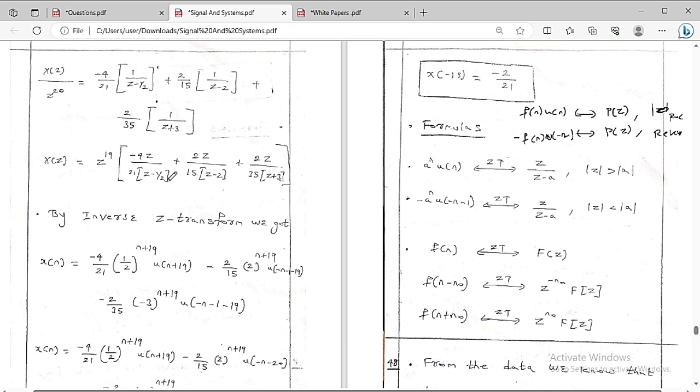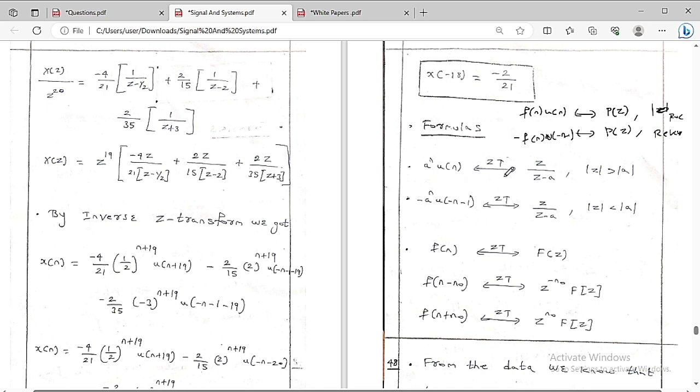Now let us see how, with the help of these formulas, we got this expression. So minus 4 by 21 is kept as it is. We have taken it outside. Now z by z minus a. At the top here we get the ROC is outward, so this is the right side signal.